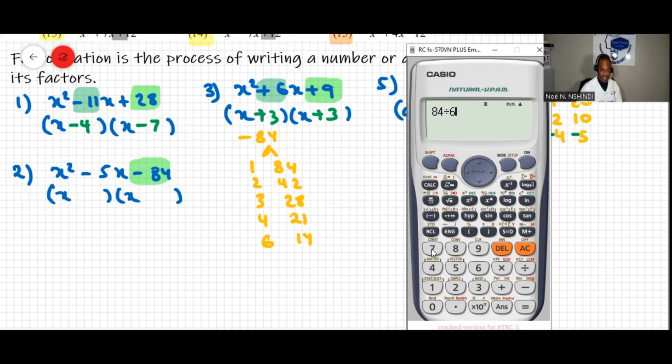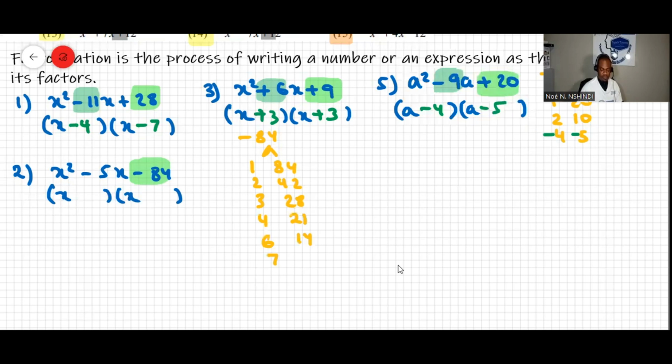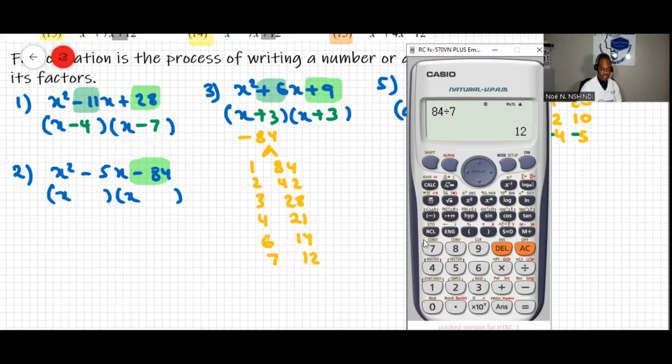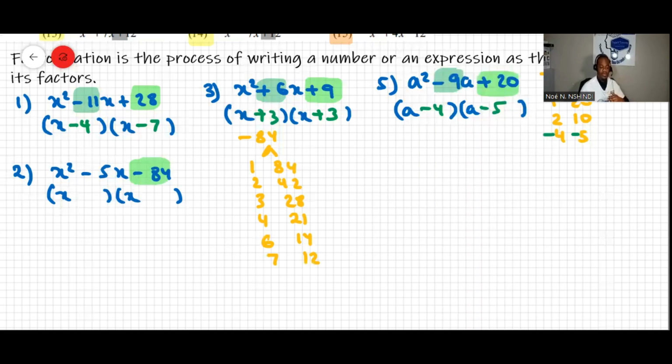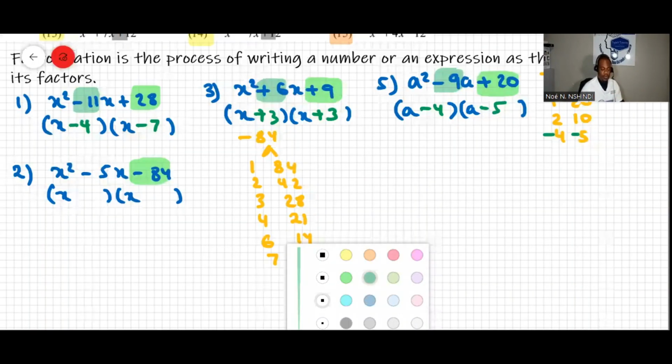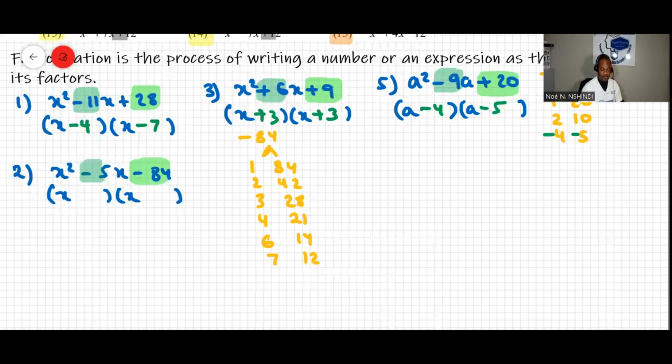And then with 7, yes, because 7 times 12, so 7 and 12, like that. Is there anything else to do? I think that's all, because the following will just repeat what we already listed here. Now, I am going to see which couple will make a sum equal to the coefficient of the middle term, -5 here. Now, let's see.